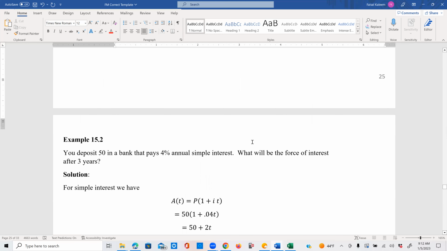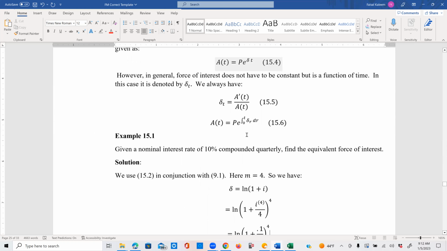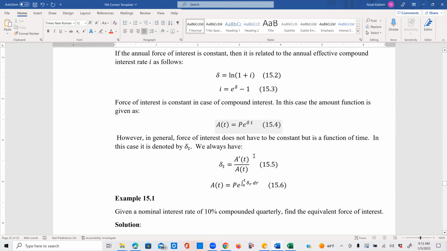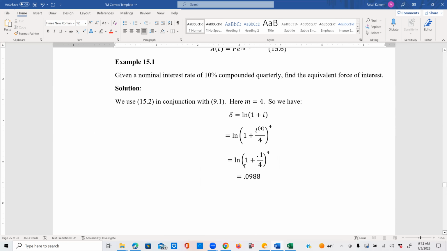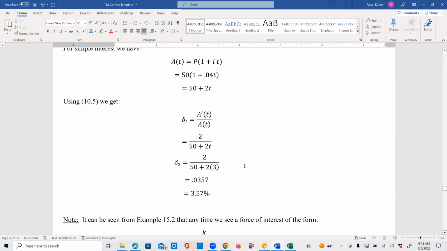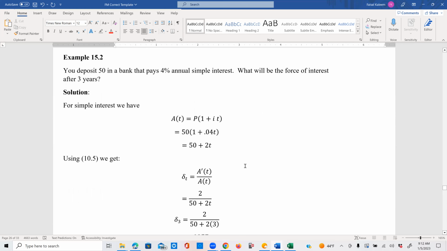So use 15.5, which tells us that delta t is equal to a prime t over a(t). So this needs to be corrected. It's 15.5, not 10.5.